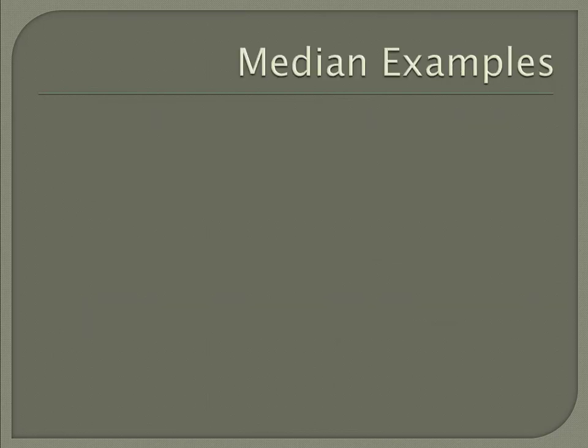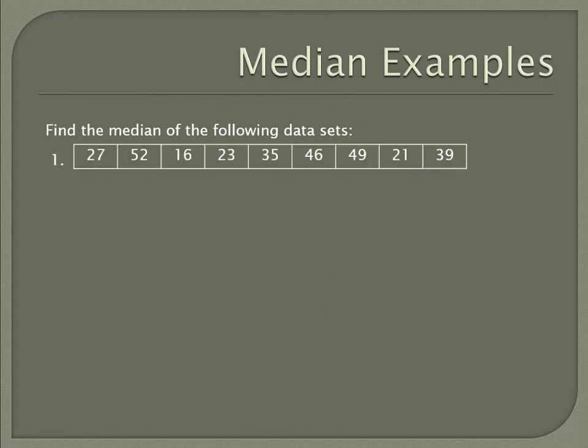Let's take a look at a few examples where we do some calculations. But as I said, the calculator is going to do these calculations for you, just like with the mean. So you don't really need to focus too much on how to do the calculations, but the interpretation is the most important thing. So let's find the median of the following data sets. The first data set are the values 27, 52, 16, 23, 35, 46, 49, 21, and 39.